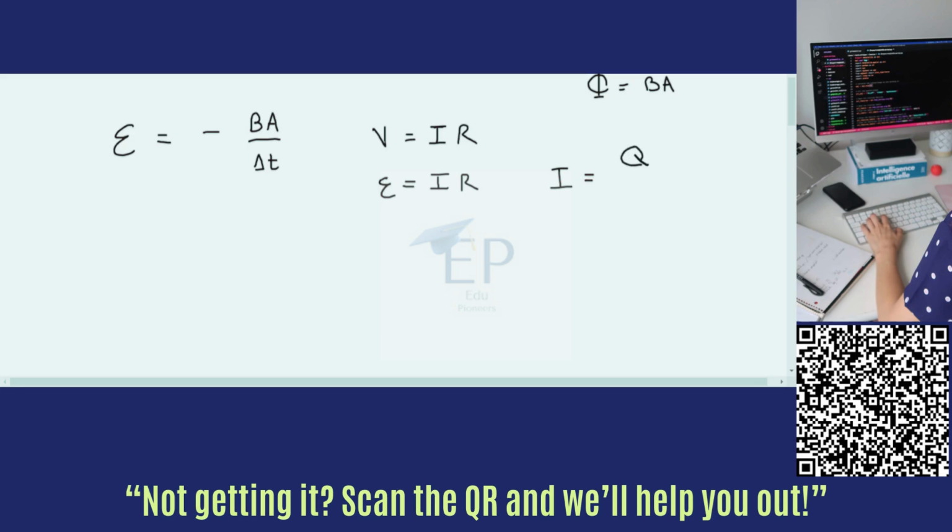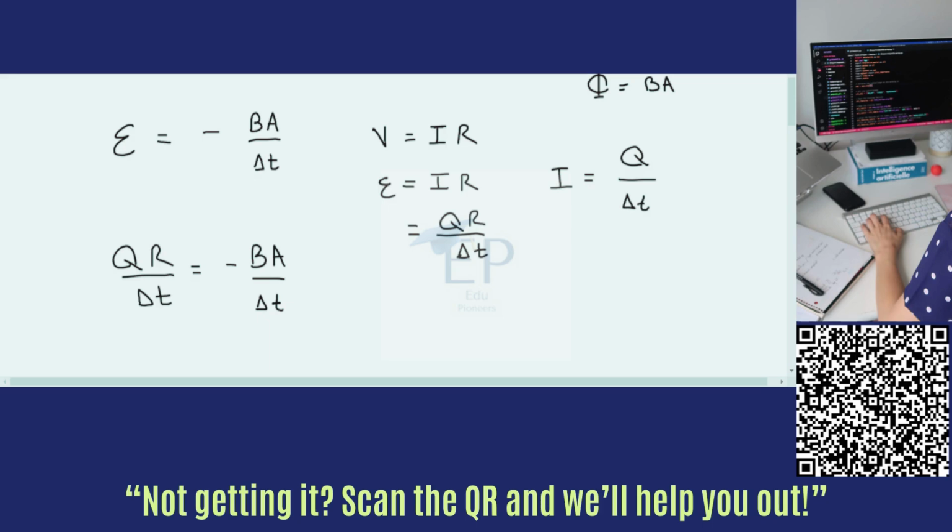So we can write this just as Q over delta T. So if we substitute that in, we'll have Q times R over delta T. So if we substitute this into our Faraday's law over here, we'll have Q times R over delta T is equal to minus B times A over delta T.